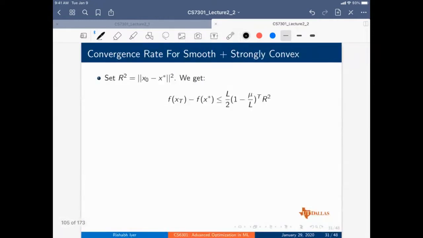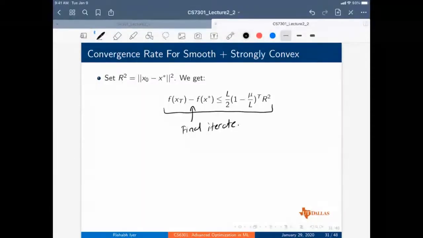And this is all with the final iterate. So even in the smooth case, we don't need to take the min. Here also we take the final iterate, and we have L over 2 times 1 minus mu by L raised to t, multiplied by r square.